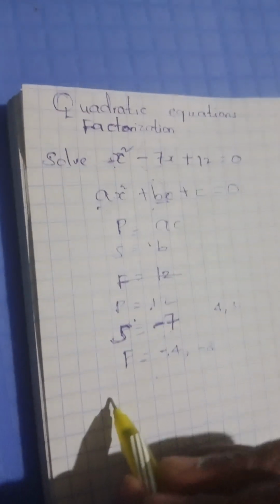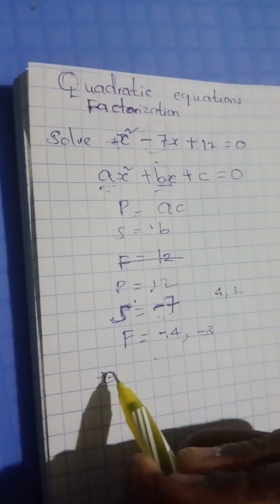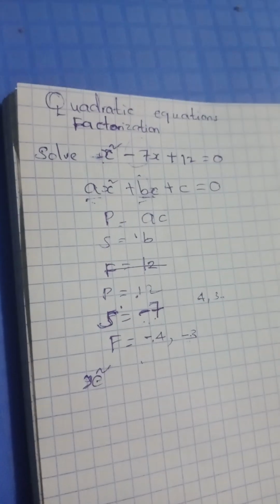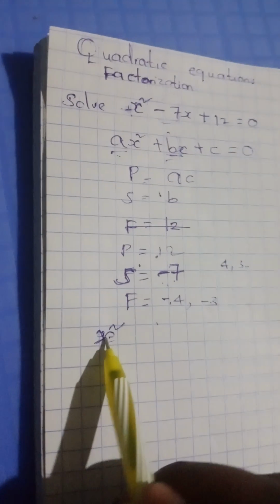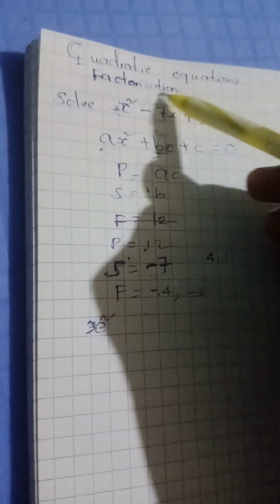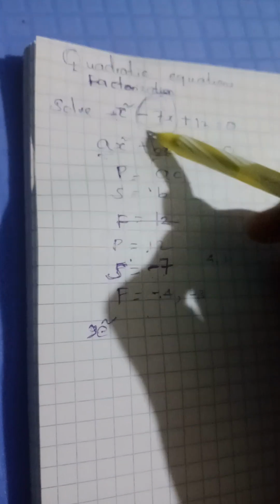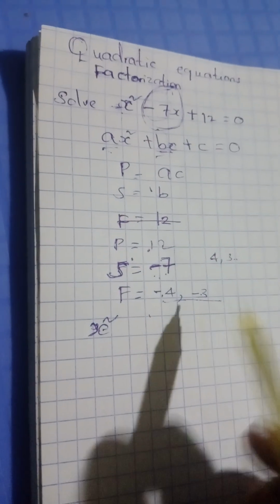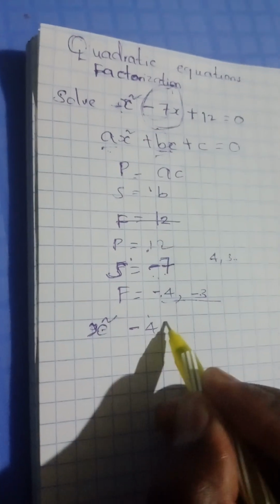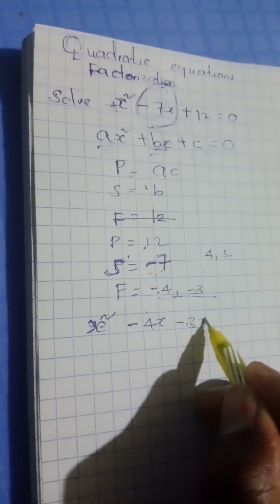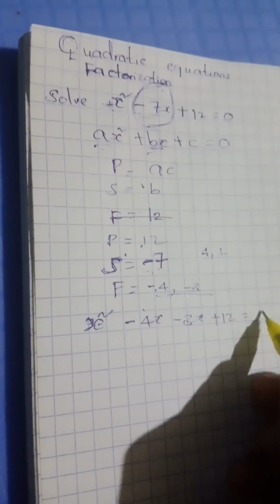Now we come back to our equation. Our equation is x square, and instead of 7x, because we have the factors, we will put them in. It will be x square minus 4x minus 3x plus 12 equal to 0.